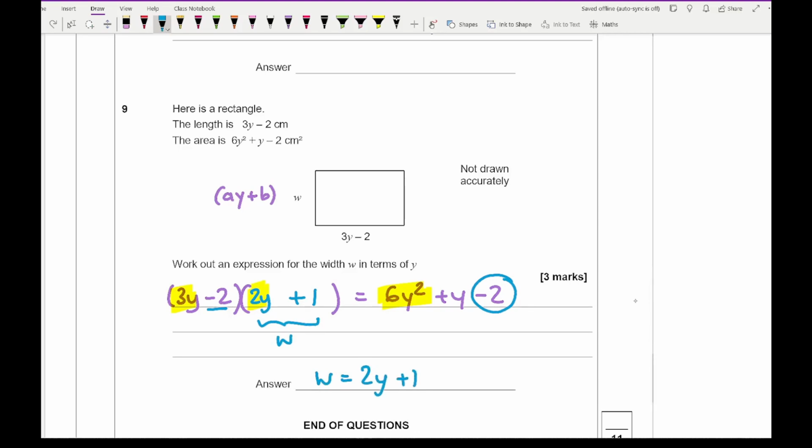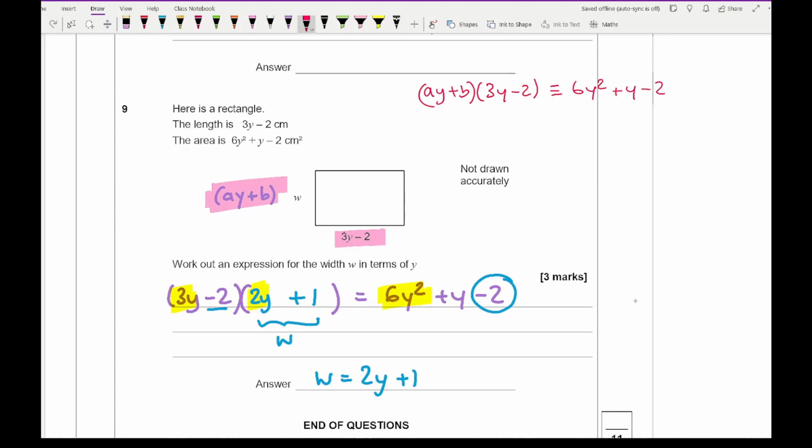Now another alternative is I end up with ay plus b multiplied by 3y minus 2, and that all equals 6y squared plus y minus 2. And it becomes comparing coefficients. This is just an alternative way of getting the same answer.